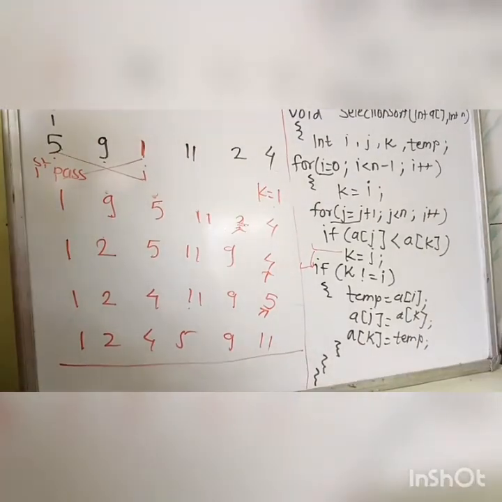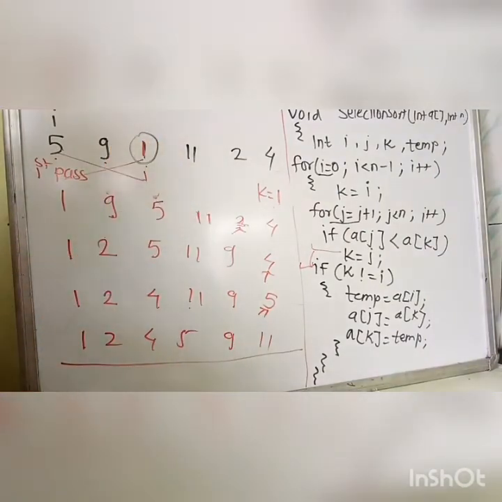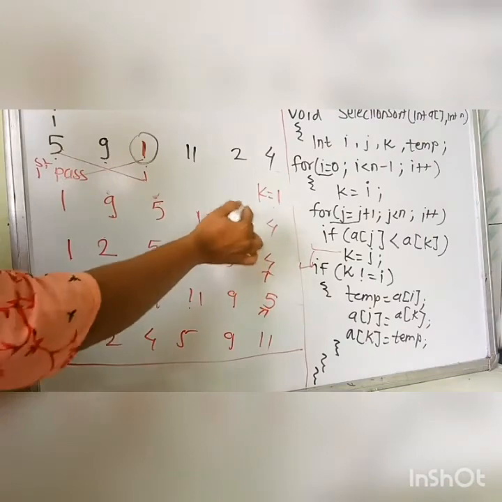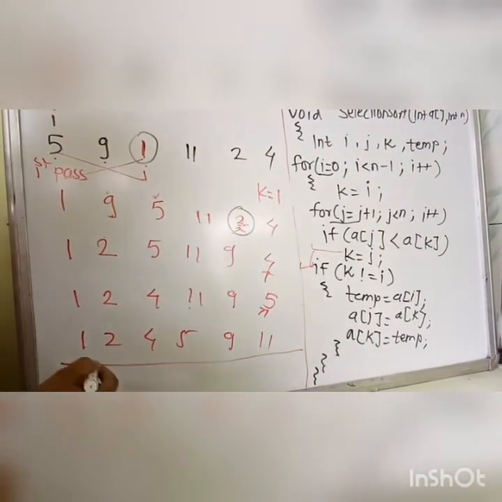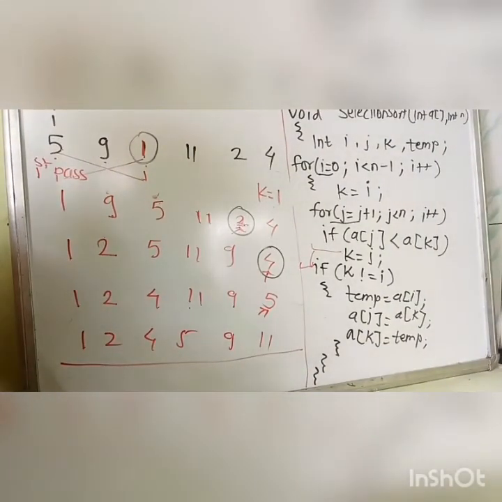As we saw here, it chose 1 as the first smallest element, then 2 as the second smallest element, then 4 as the third smallest element, and so on. So it only cares about the element which is smallest among all.